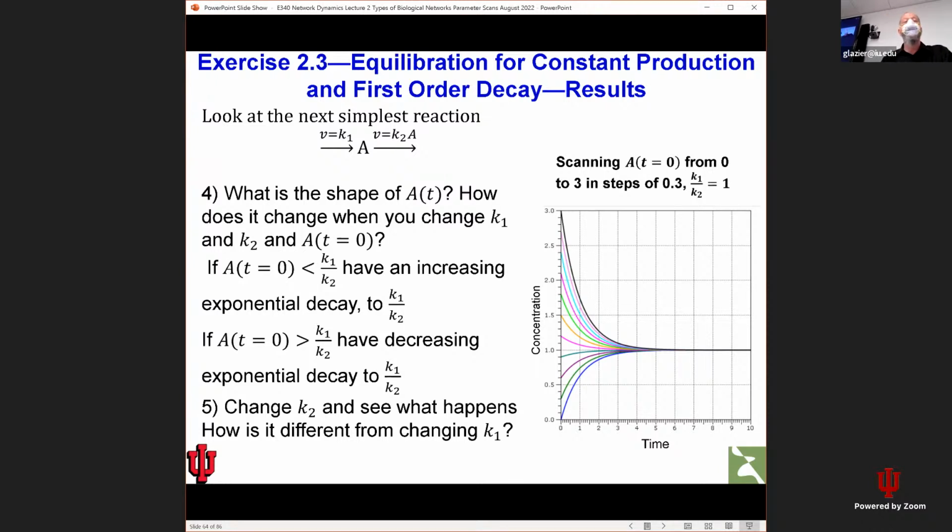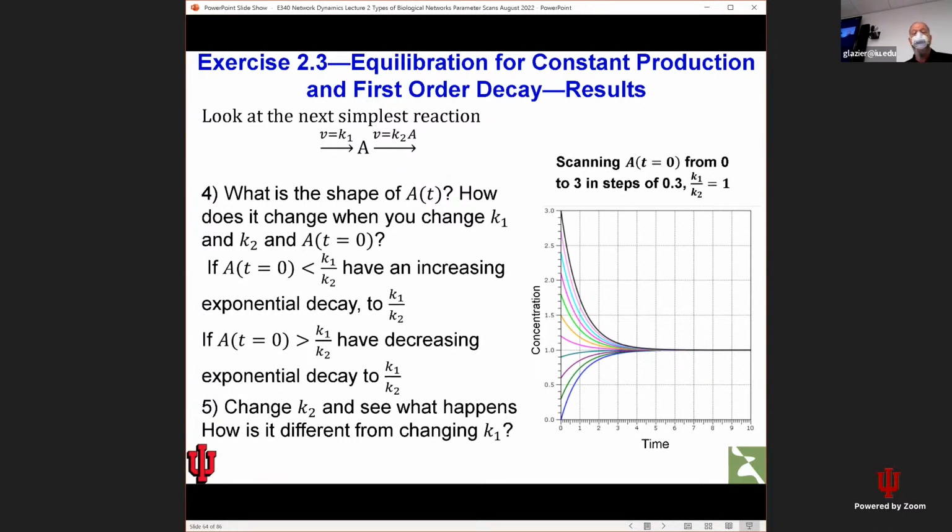What happens to the time of equilibration? If I make K2 bigger, does it take longer or less time to equilibrate? Less time. So if I multiply K1 and K2 by a constant, then I can change the time scale over which equilibration happens without changing the value.